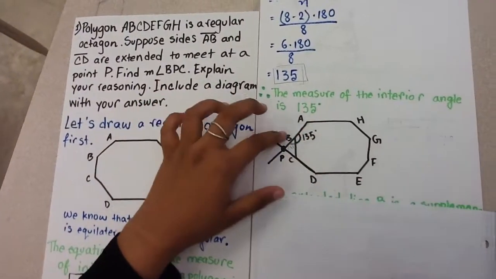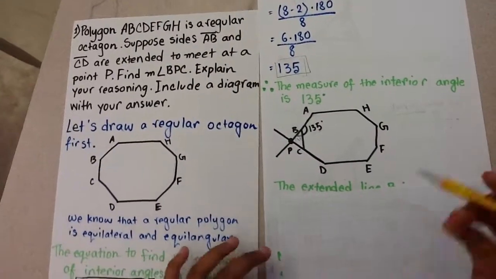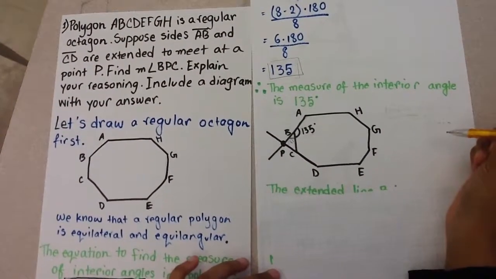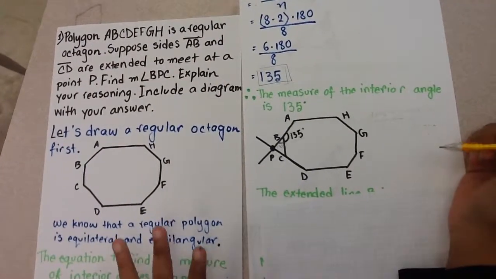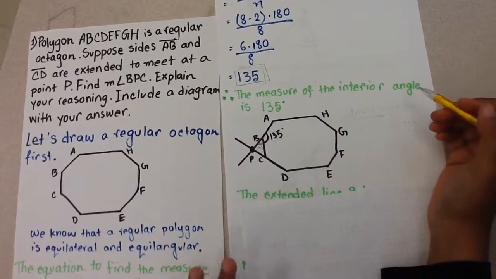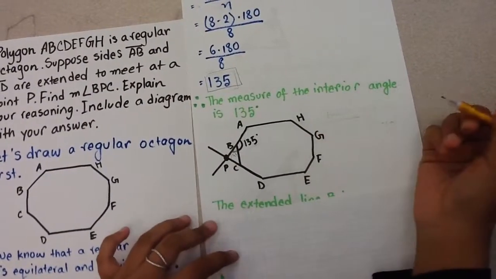And one thing about exterior angles is they always have a sum of 360 degrees. So it doesn't matter what kind of polygon it is or how many sides there are, it always has a sum of 360 degrees.